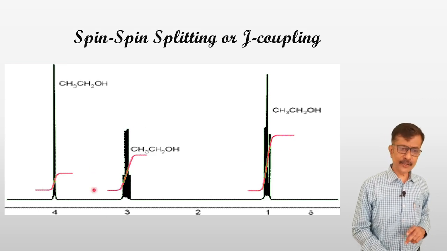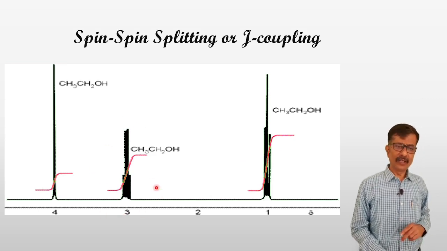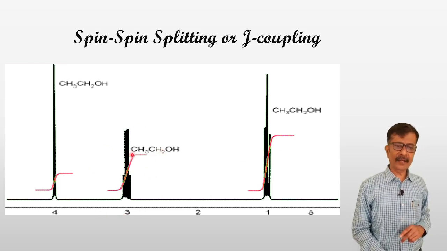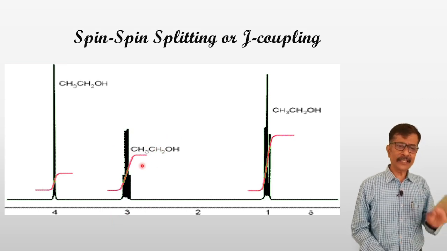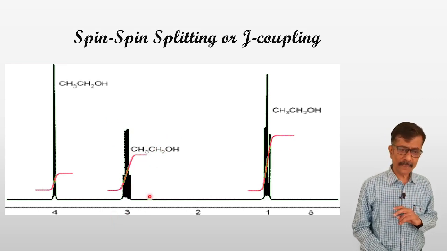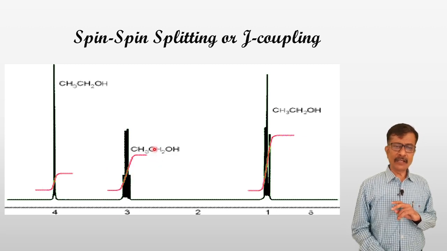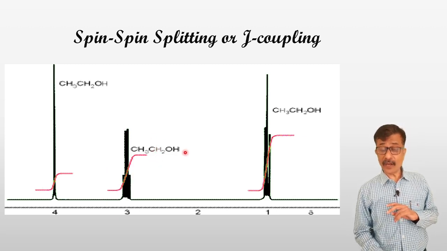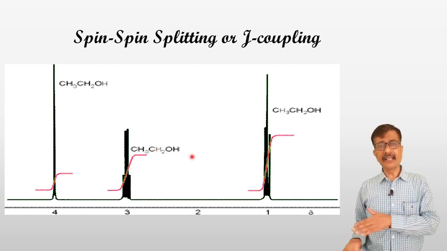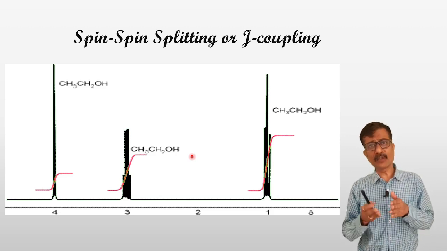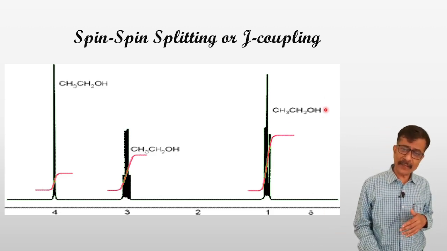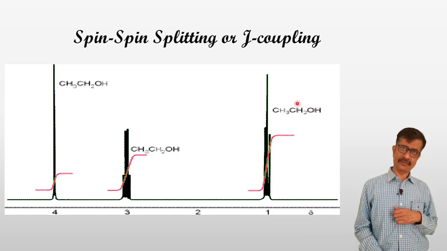The CH2 peak splits into 4 because its neighboring carbon contains 3 hydrogens: 3 plus 1, 4. Now the CH2 is also connected to OH, but on this side the neighbor is not carbon. It is OH, so it will not affect the splitting of CH2.